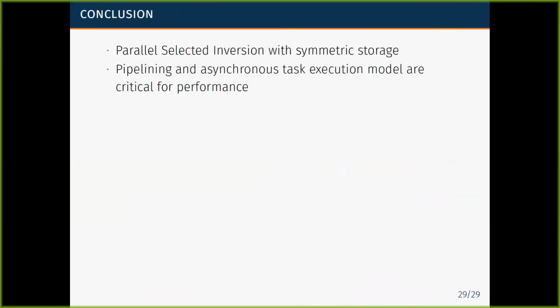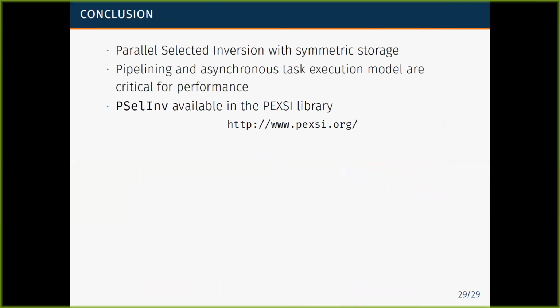Okay, so we have seen that we have a storage optimal selective inversion algorithm now, and that pipelining and an asynchronous task execution model are critical for performance on distributed memory platforms. PCLin is available in the PEXSI library.